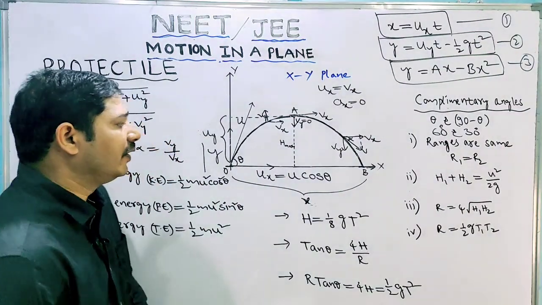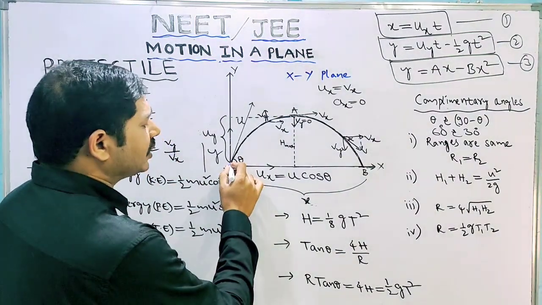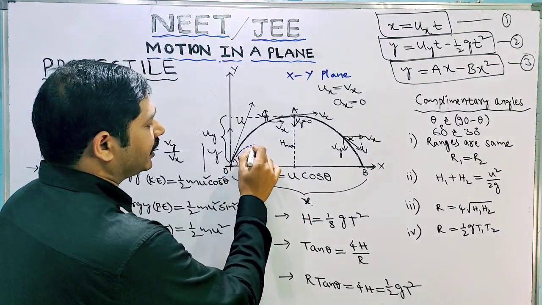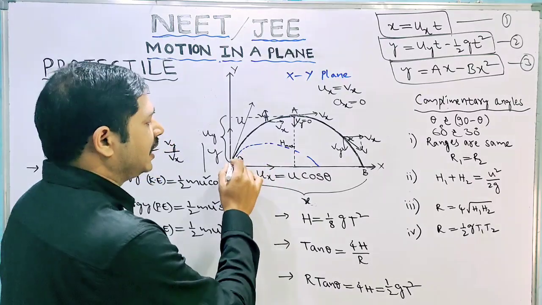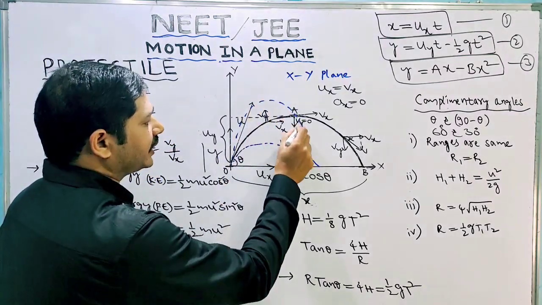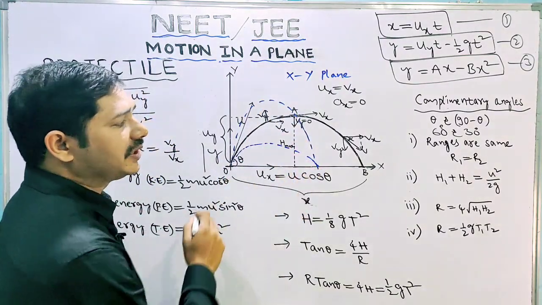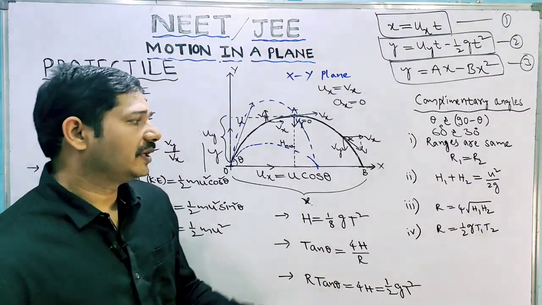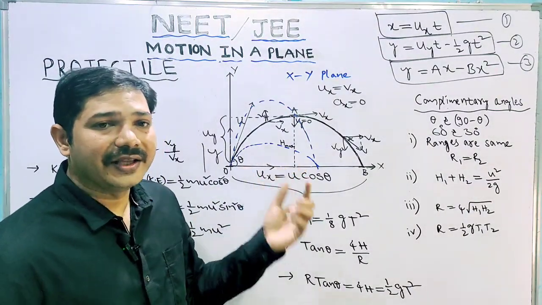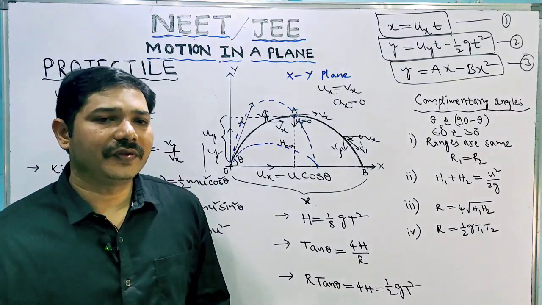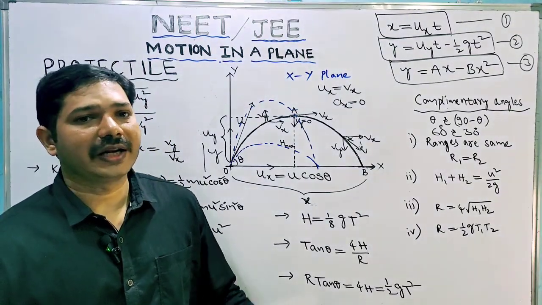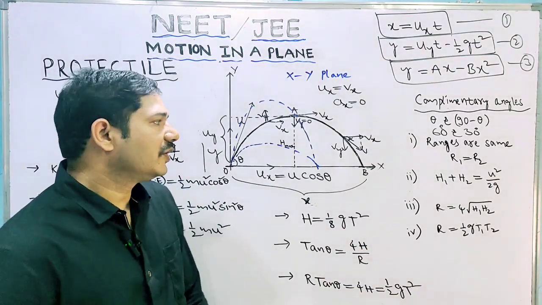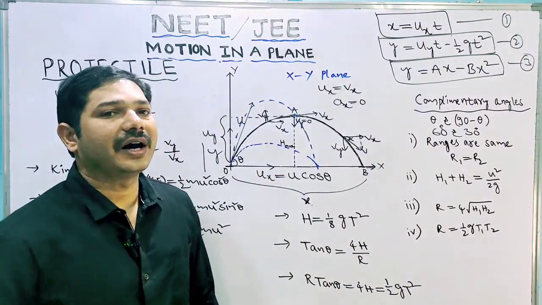Observe, for example here, one is projected at 30 degrees like this, and another is projected at 60 degrees like this. But observe the range is same. Similarly, if you take 75 degrees, then 90 minus 75 is 15 degrees, and for that also the ranges are same.